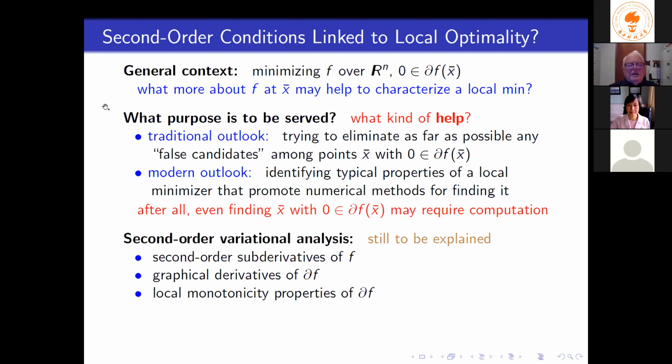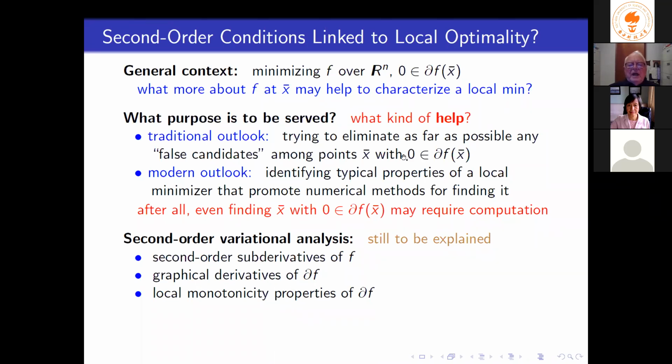And here I like to explain the really different outlook in optimality conditions, from the traditional outlook to the modern outlook we have in optimization. And it's interesting to think of why this is true. So in the traditional outlook, which is the one we learn in elementary calculus, what we're trying to do is eliminate as far as possible.